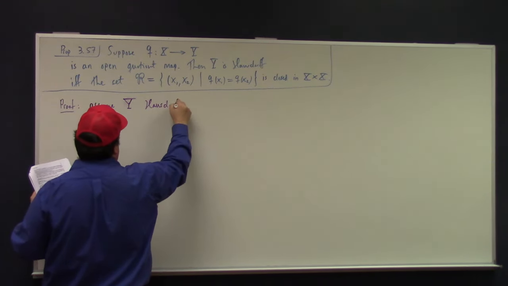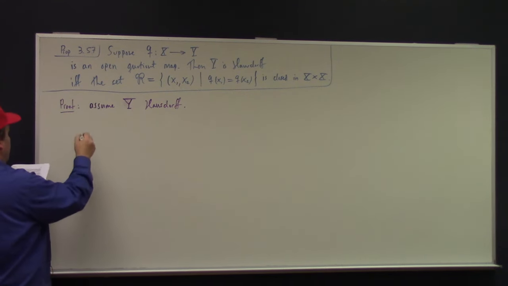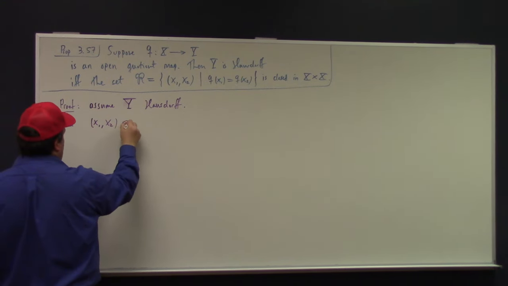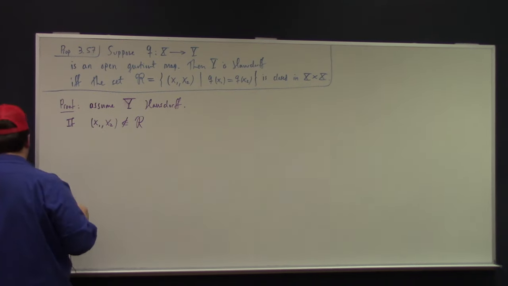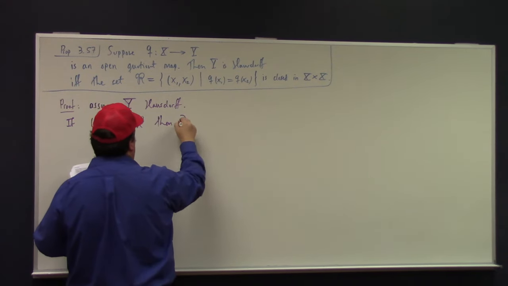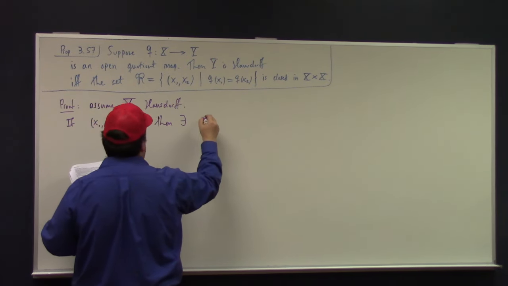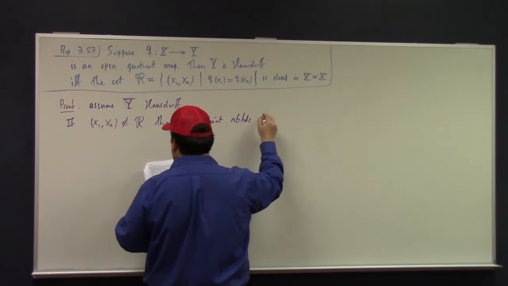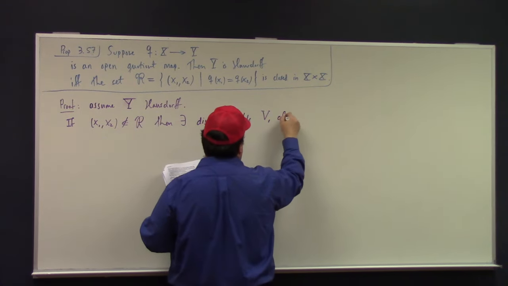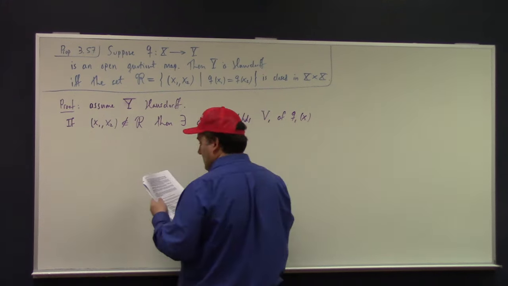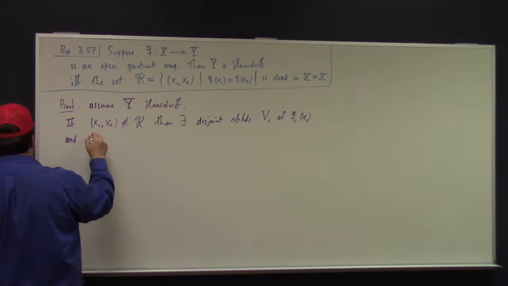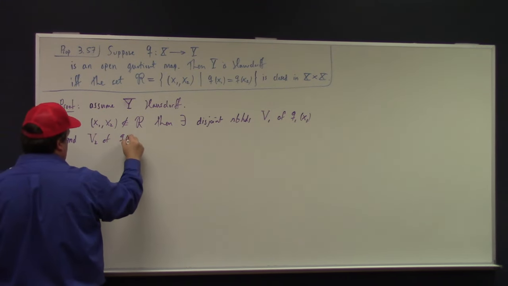If (x1, x2) is not an element of the set R defined above, then there exist disjoint neighborhoods V1 of Q(x1) and V2 of Q(x2).